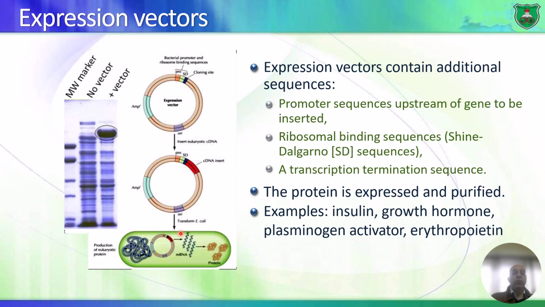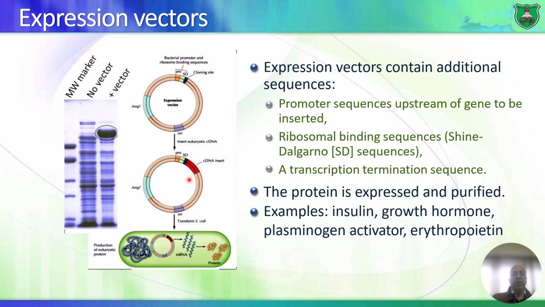So we can clone the plasmid, or we can transform bacterial cells with the plasmid. That is, we insert the plasmid into bacterial cells, and bacterial cells are going to recognize the promoter region, and they're going to start messenger RNA synthesis, transcription of the messenger RNA, and then they're gonna translate the messenger RNA into a protein.